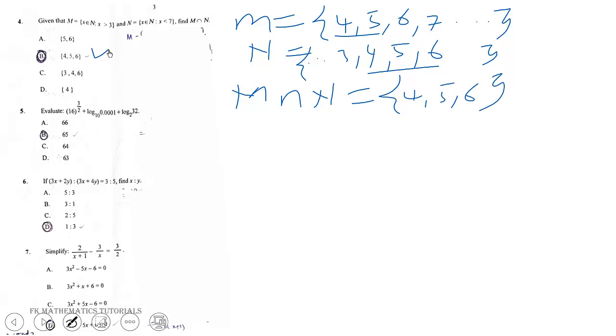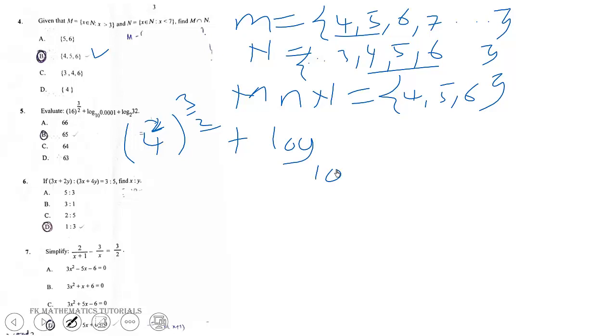We have to evaluate 16 exponent 3 over 2. So 16 exponent 3 over 2 is the same as 4 exponent 2 exponent 3 over 2. Because of the 2 here, we express the 16 as a number exponent 2, which is 4 exponent 2. Then plus log 10.